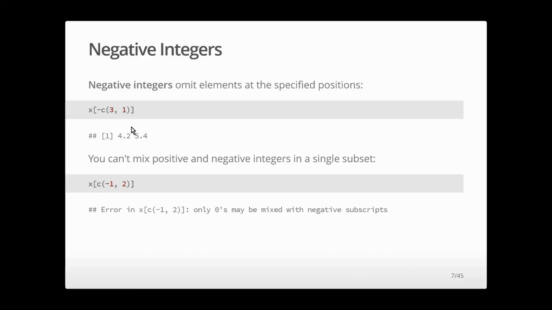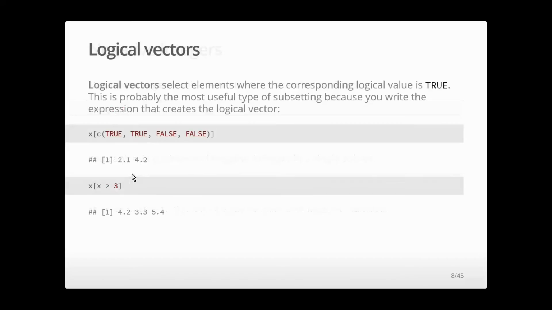Negative integers remove those elements. So -3 and 1 say remove the third and remove the first element. But you can't mix negative and positive integers because that does not make sense. It says remove the first, but give me the second. What do we do with the third and fourth? It doesn't know.